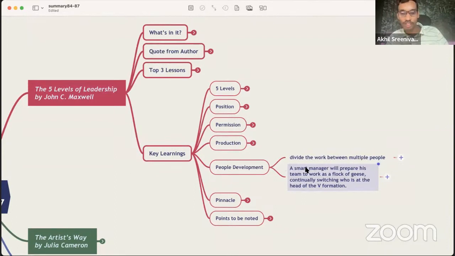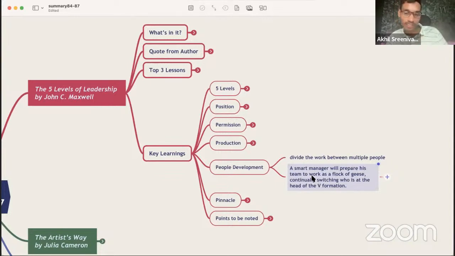A smart manager will prepare his team to work as a flock of geese, continually switching who is at the head of the V formation. If you see the V formation, your manager is always at the top, and he always pulls the employees to pick up the best performance from them.